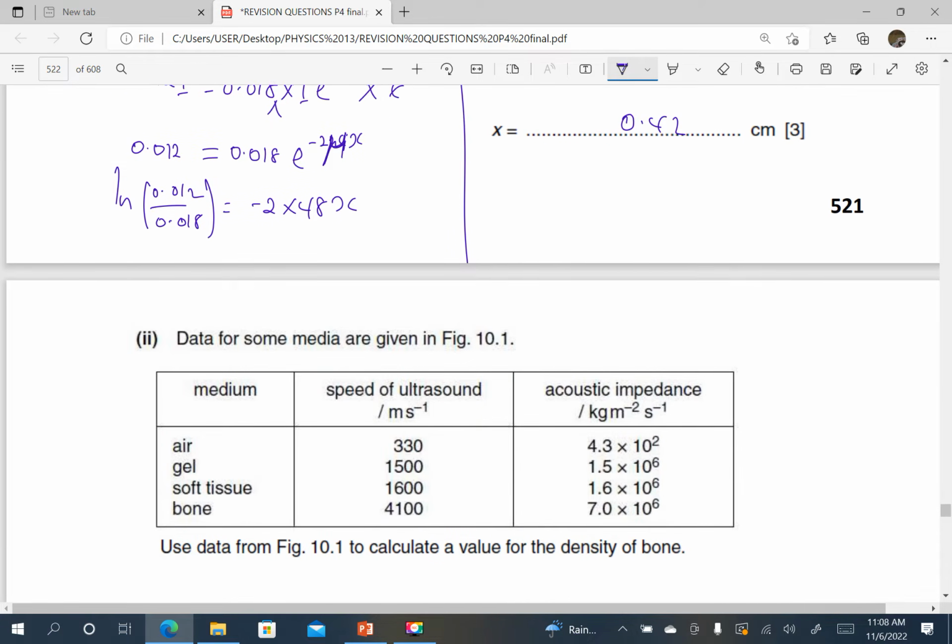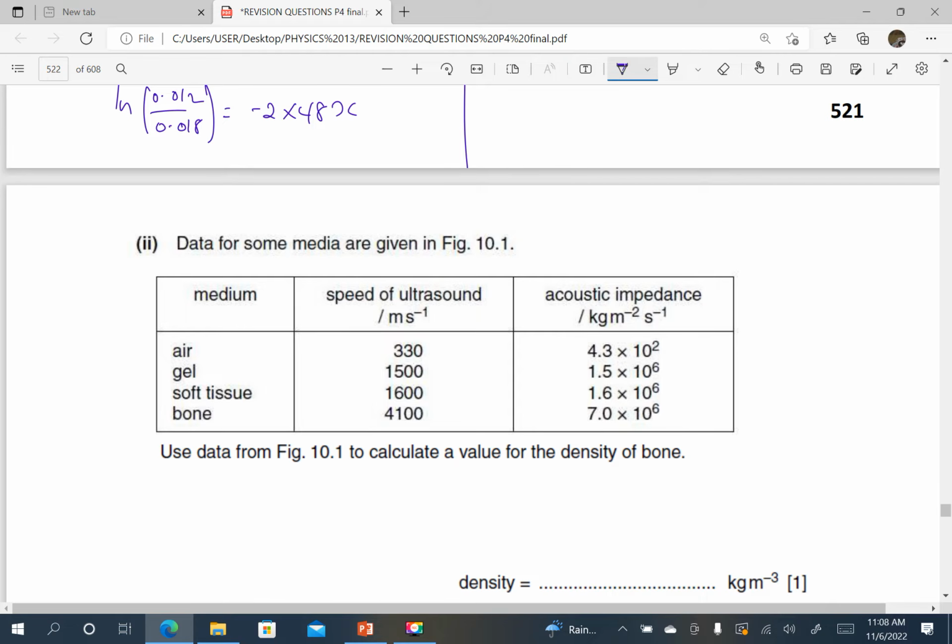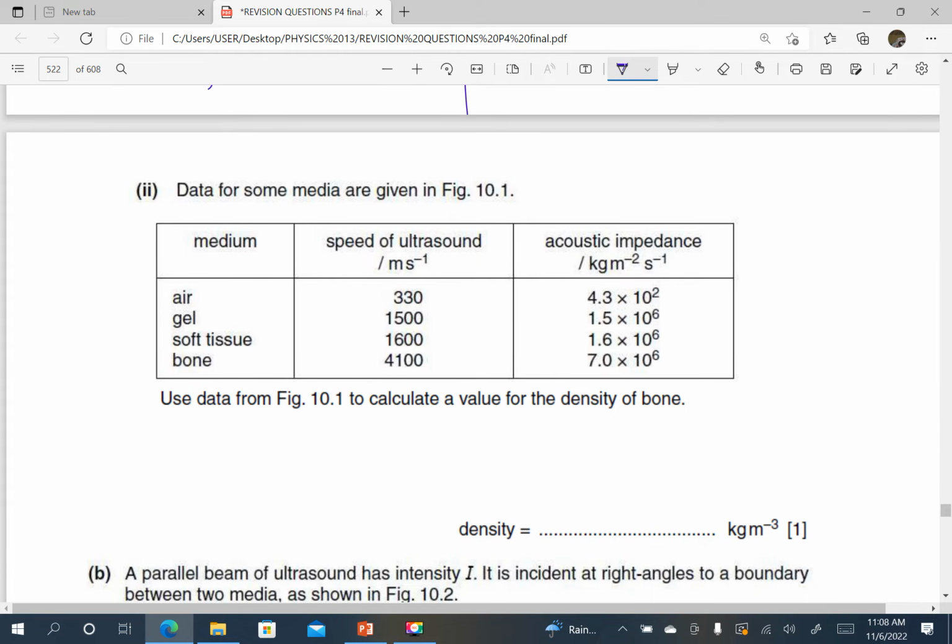Data for some media are given in the figure below. So they have given us the speed of ultrasound in air, gel, soft tissue, and bone. They have given us acoustic impedance. Use data from the figure to calculate a value for the density of bone.